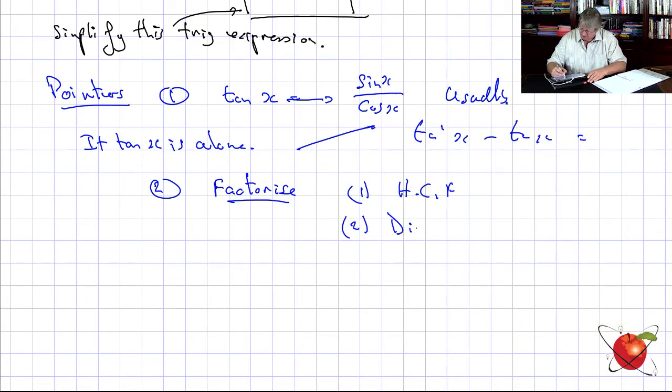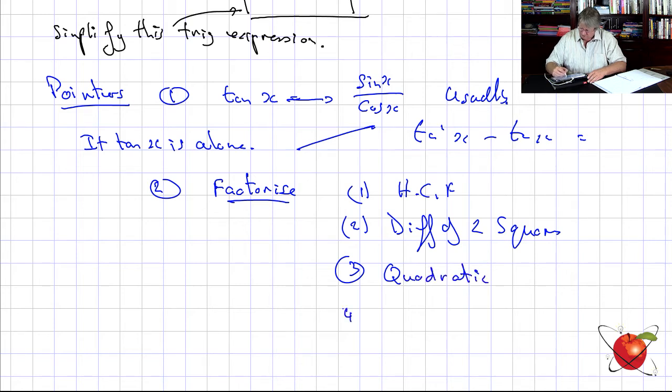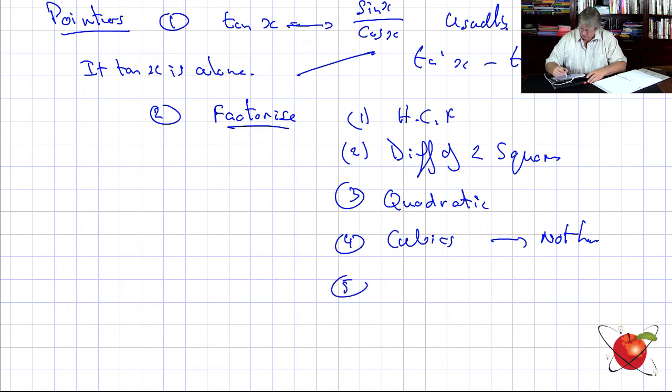Number 2 was difference of 2 squares. Number 3 was quadratic trinomials. Number 4 was cubics, not really here; we don't generally see that in this section. Number 5 is grouping. Remember those from algebra? It's the same. We're going to try and factorize.